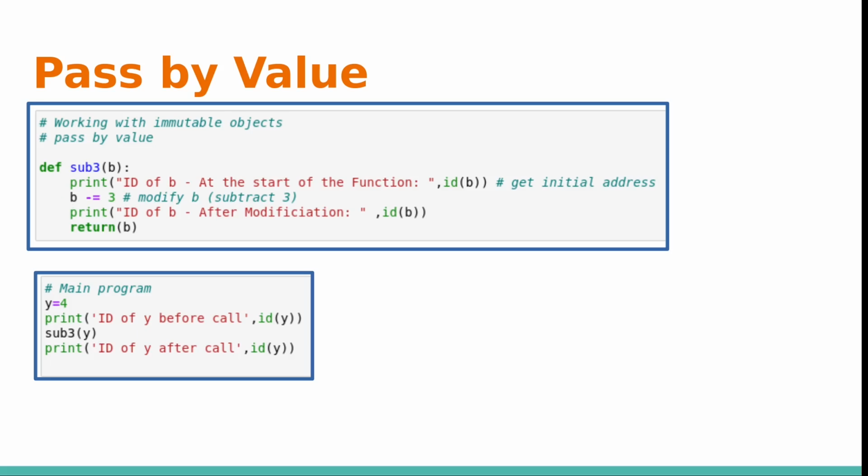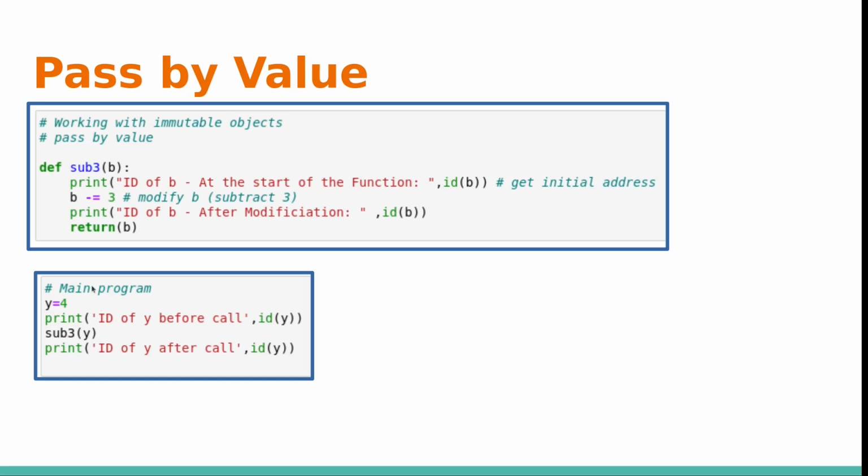So if I were to pass 4 to this function, the function will take 4, print the ID of where that b is initially located, and then subtract 3 from that 4, so I'll get a value of 1, and then it'll print where that value of 1 is stored, and then it returns me that value of 1.